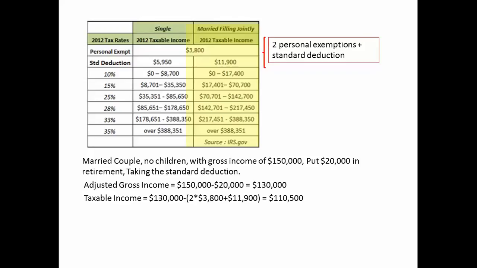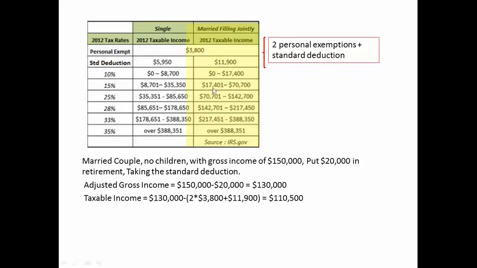This $110,500 is not going to be charged at exactly the 25% tax rate, even though their income does fall into the third bracket of this marginal tax rate. What we actually do is divvy up that 110,500. The first 17,400 of it is going to be taxed at 10%.